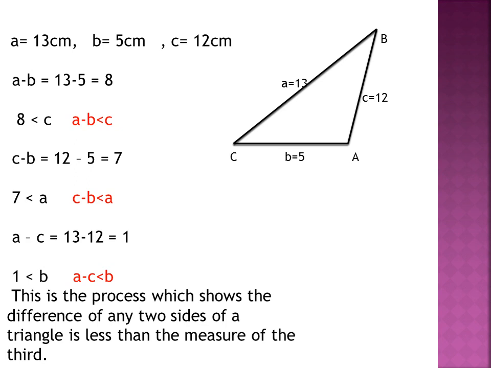The difference of the sides A and B is less than the third side C. Similarly, the difference of the sides C and B is less than the third side A, and the difference of the sides A and C is less than the third side B. So combinedly we can say that the difference of any two sides of a triangle is less than the third side.